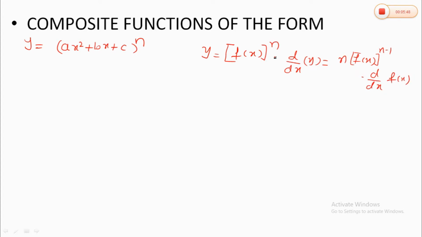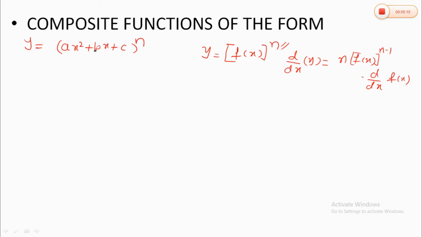So first find the power, then differentiate the power, then differentiate the function that lies within the bracket. Here f(x) is equal to ax^2 + bx + c, and n is n.